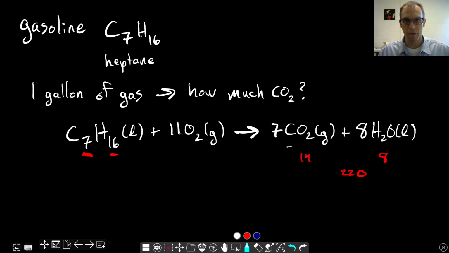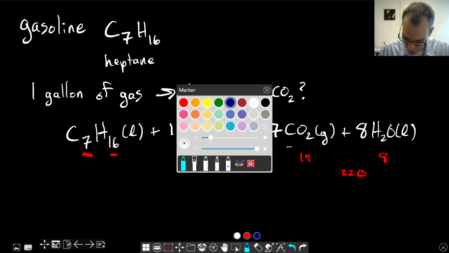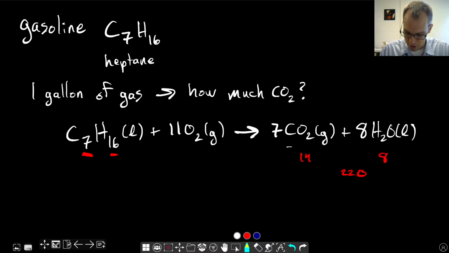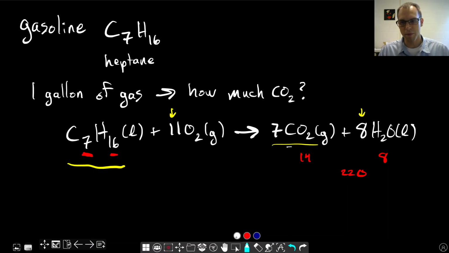Okay, now for our question, let me change this color here. We'll use yellow. So for our question, the coefficients that matter are the coefficients for our heptane and our carbon dioxide, because we're only considering those. But because we have the oxygen and water coefficients, we could use those as well. But when I say that this gives us a conversion factor, it gives us a conversion factor in terms of numbers of molecules or, and crucially, moles.